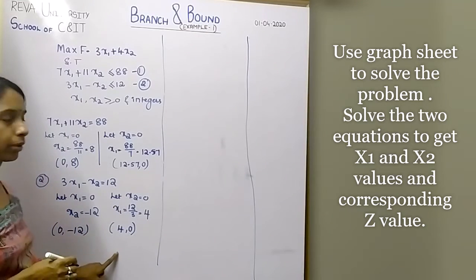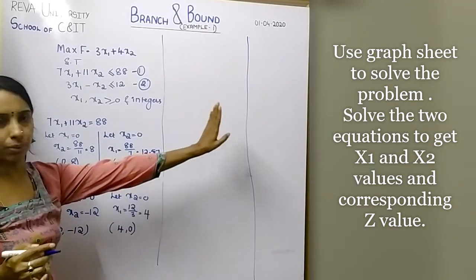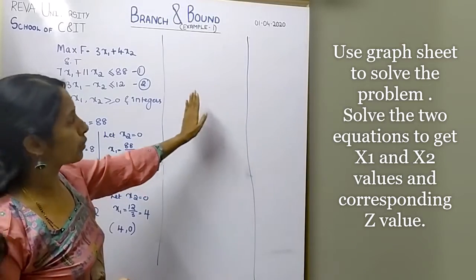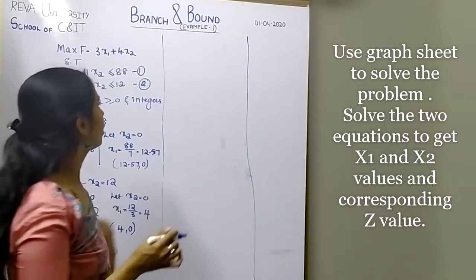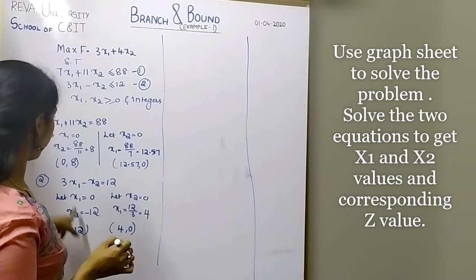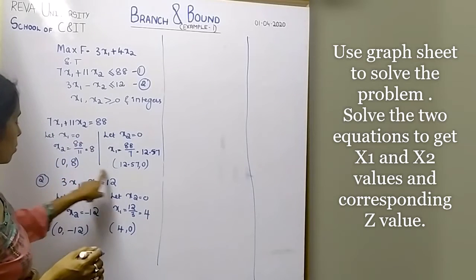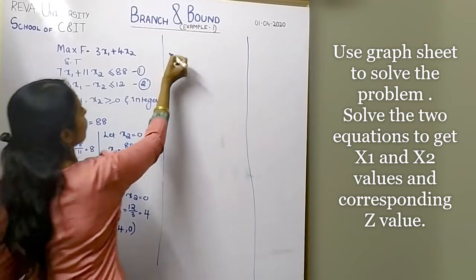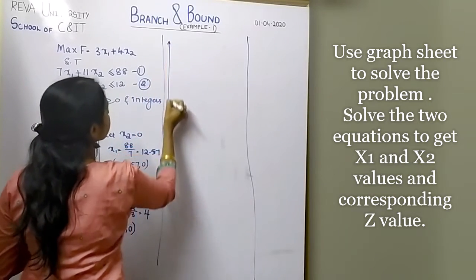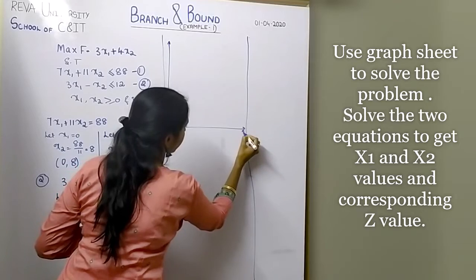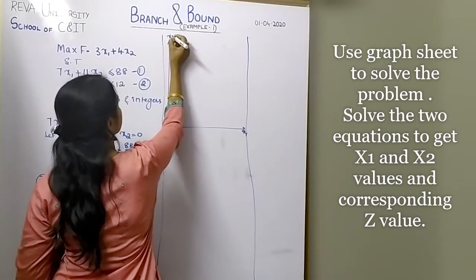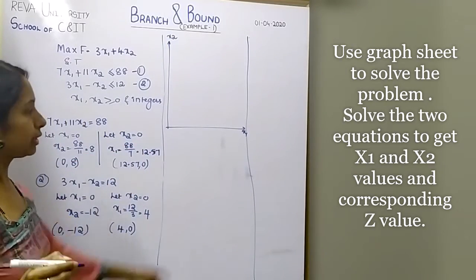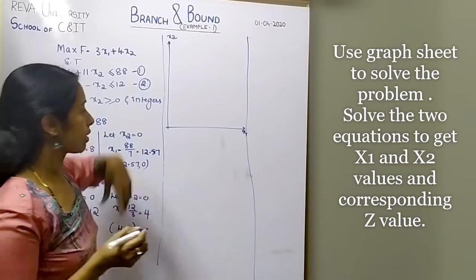These are the points. Now we will draw this. Roughly I will draw; you can actually use graph sheets here. This is one set of points, and this is one more set of points. This is my x1 axis, and this represents x2.